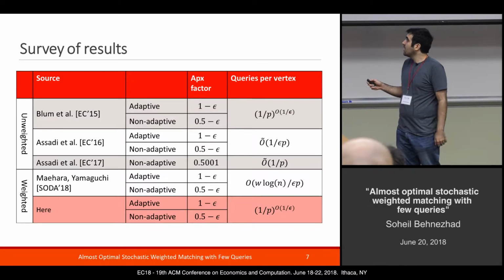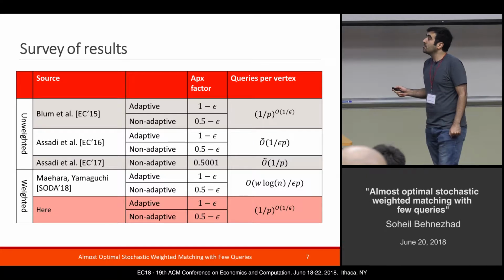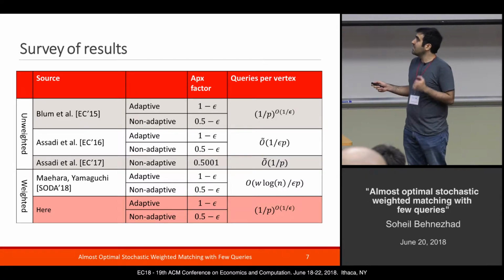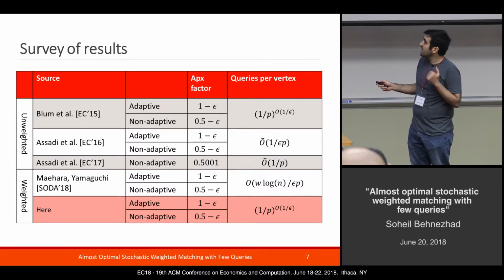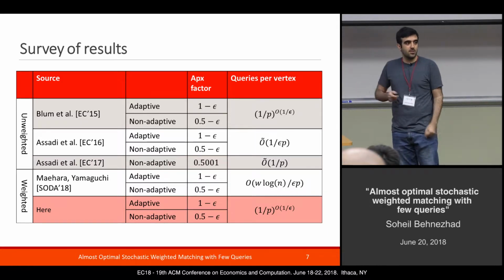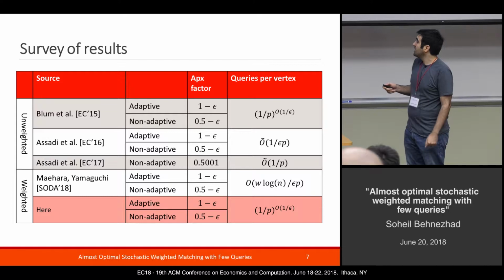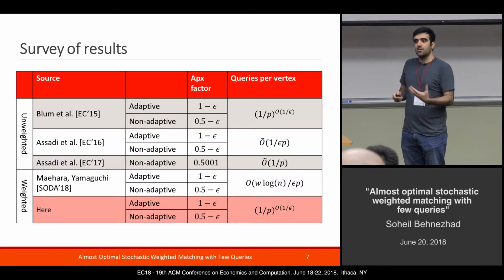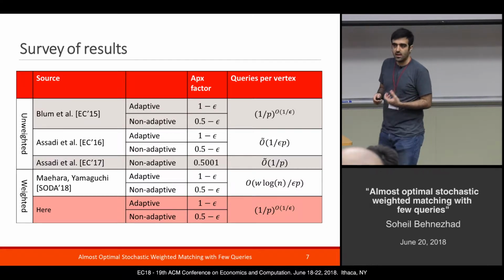OK, so this was first formalized by Blum et al. And they showed that, indeed, an adaptive algorithm can obtain a 1 minus epsilon approximation of maximum matching. This is only for unweighted graphs. And they also showed that an almost half approximation can be achieved with a non-adaptive algorithm.